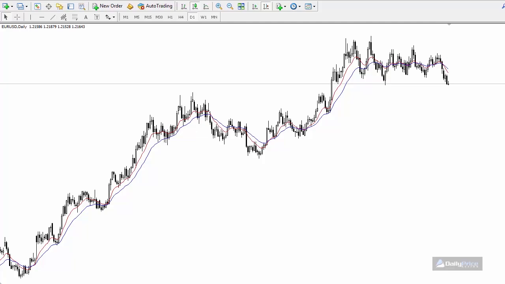All right, so I've got the Euro USD daily time frame here. And I'm just going to go through and identify the horizontal levels that I think are important. And then I'll go back through and show you how I use the Fibonacci tool.